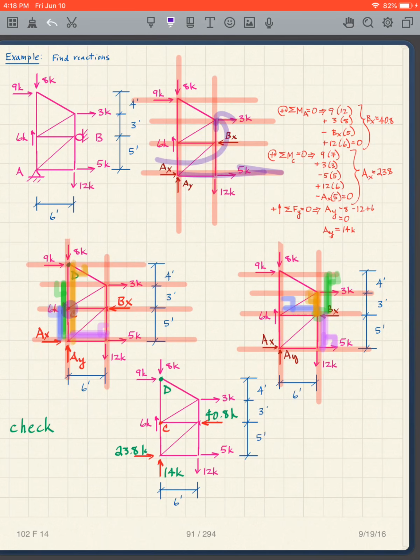It's going to go counterclockwise, so it's going to be minus 5 times 5. And we've got this 12 times this distance, which is 6.